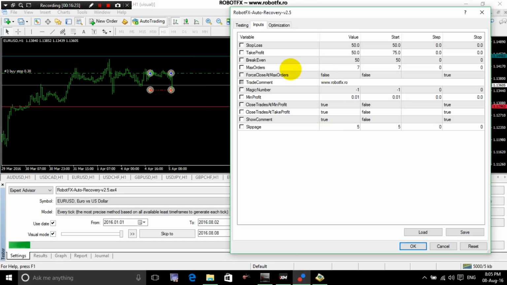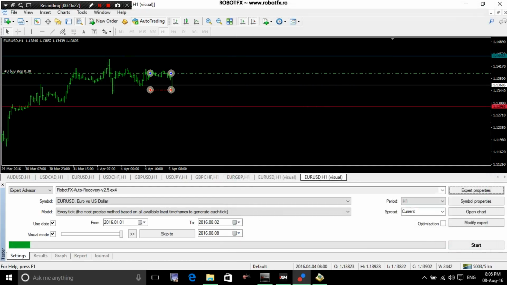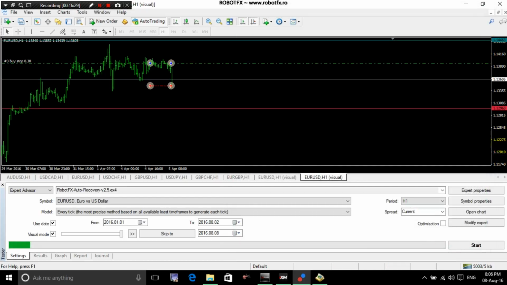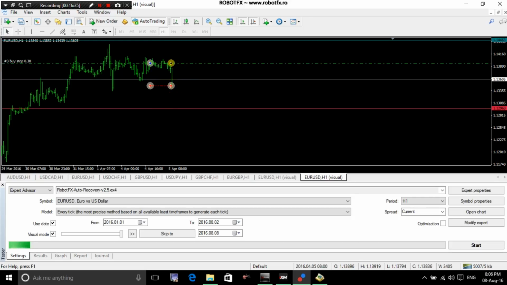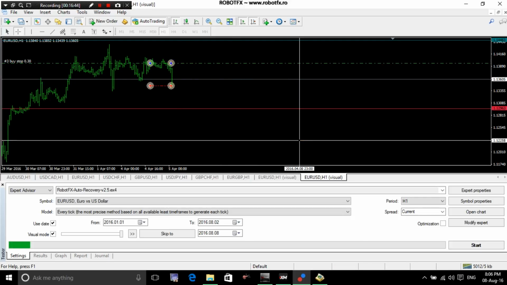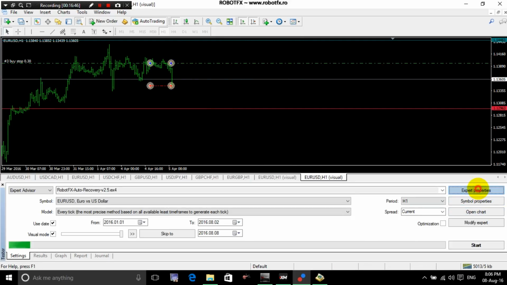Excuse me again. The maximum orders is the maximum number of orders at a specific time, at any time actually, that you allow the expert advisor to have open trades. Once this maximum number of orders is reached, the expert advisor will not open any other trade, regardless of the profit or the price direction.